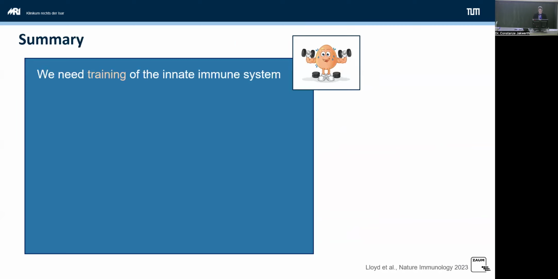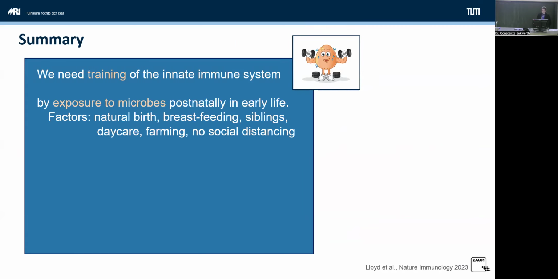To sum up, we need training of the innate immune system by exposure to microbes postnatally in early life. Factors are, as I mentioned, natural birth, breastfeeding, siblings, daycare, farming, and no social distancing. These are positive factors.